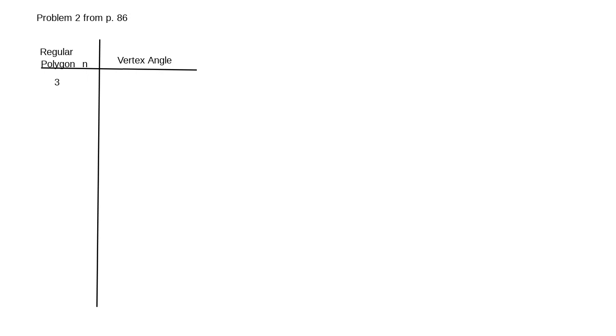If you have a triangle, and you know the polygon is regular, then we can use this formula that we derived last time, if you remember. That's where you have 180 times n minus 2 over n. This is the formula that we're using for each of these.